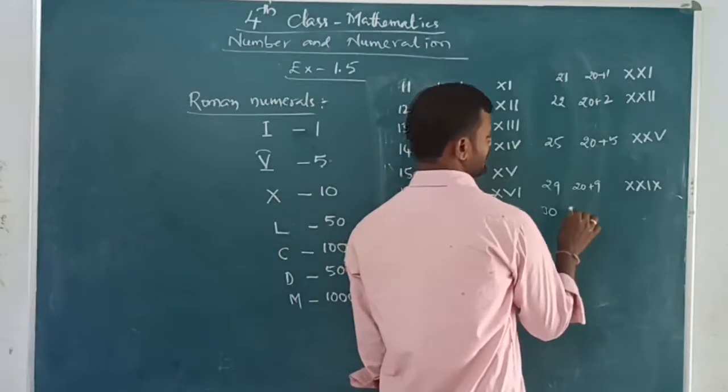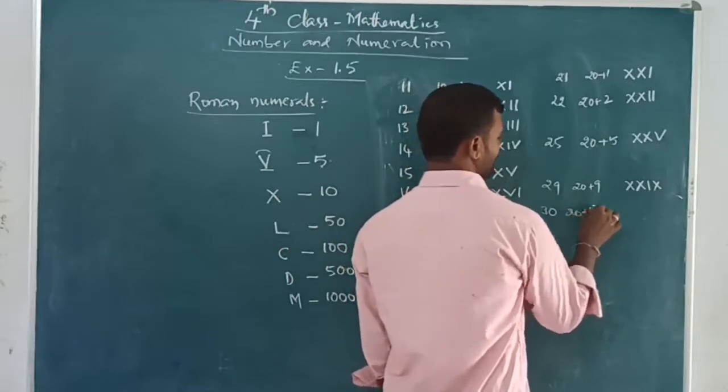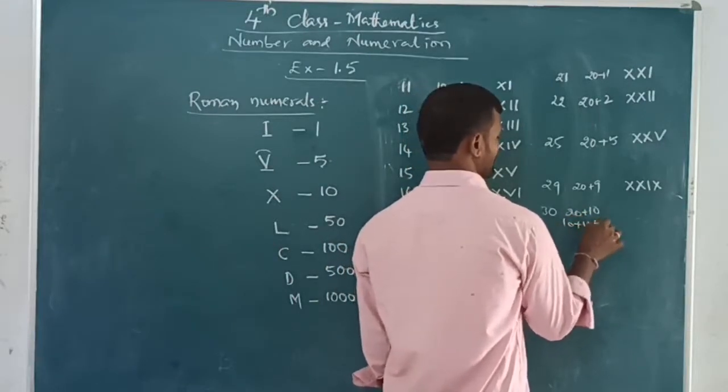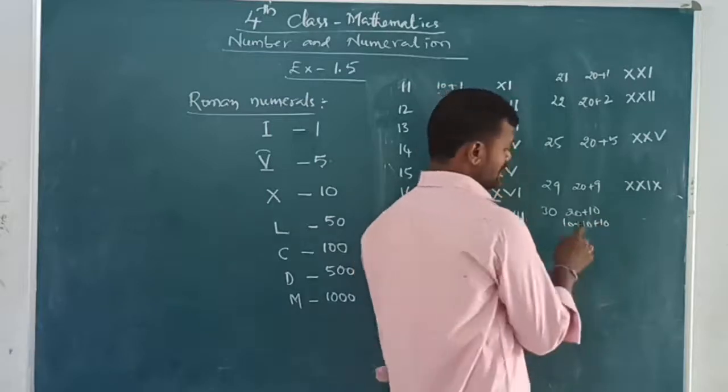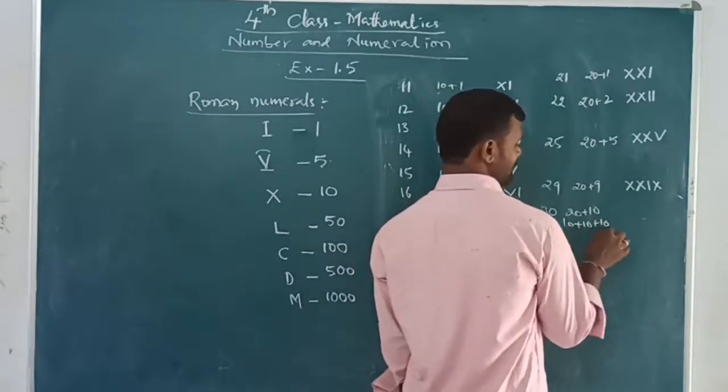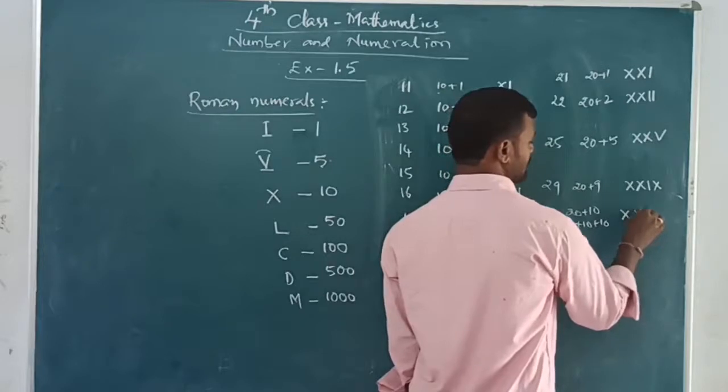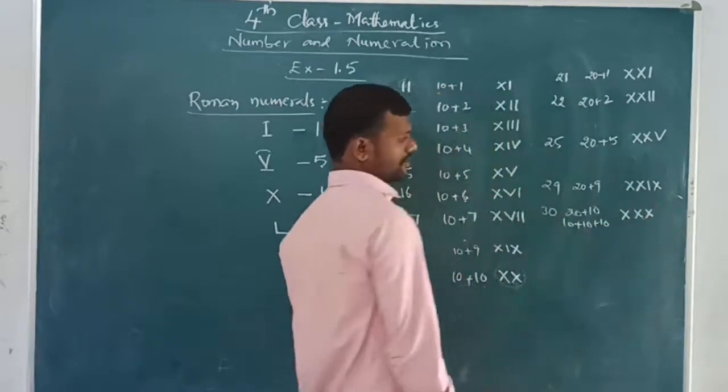And next one what? 30. 30 means 20 plus 10, or 10 plus 10 plus 10. However you write, it is no problem. This is 30. 30 means 3 tens are there. So 3 X terms you have to write. 30.